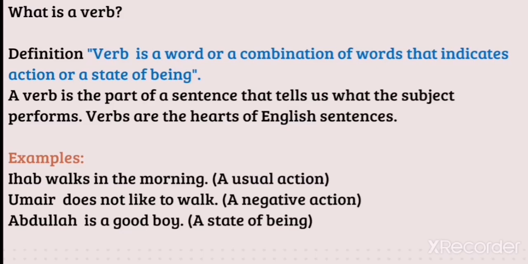It means कि verb के बगैर sentence जो है वो incomplete होती है. अगर English sentence में verb ना हो तो it will not be considered a sentence. और verb जो है it tell us what the subject performs. Sentence के beginning में जो subject होता है, what he does, वो क्या करता है. So verb tell us, verb हमें बताता है कि what the subject is doing, कि subject क्या कर रहा है.